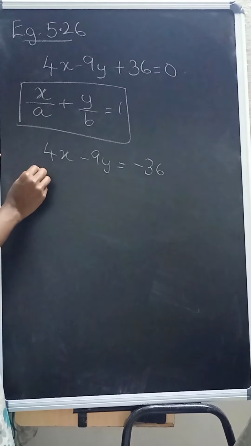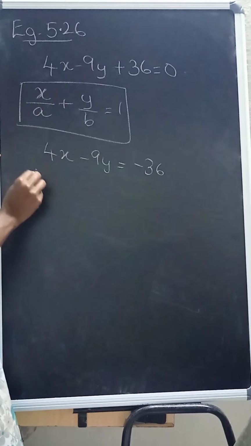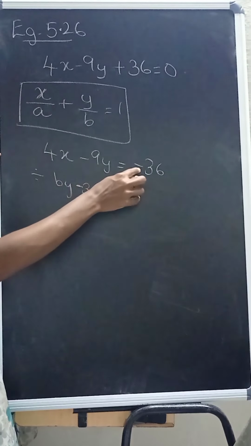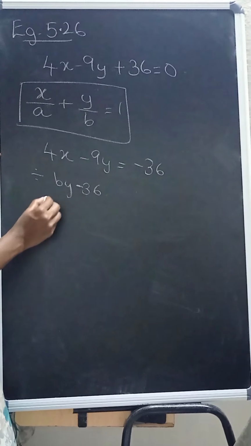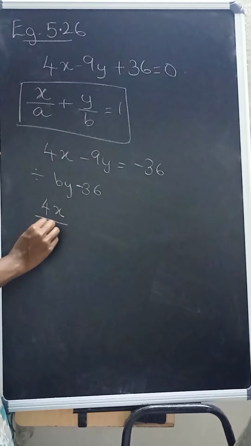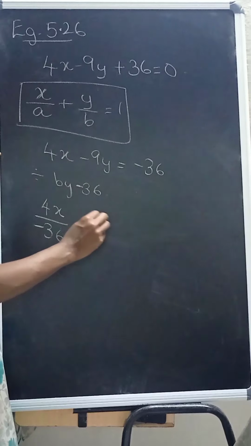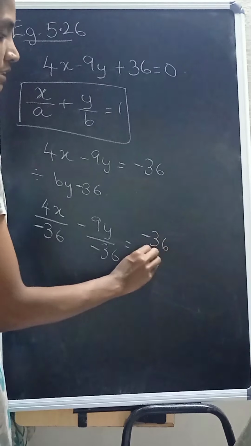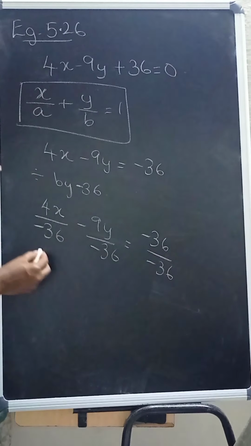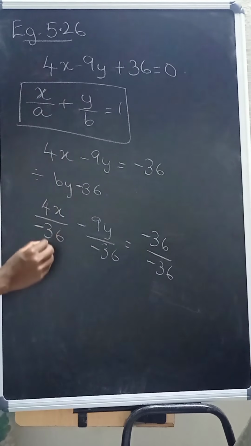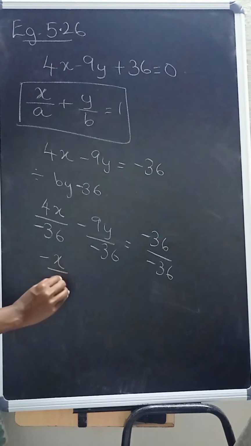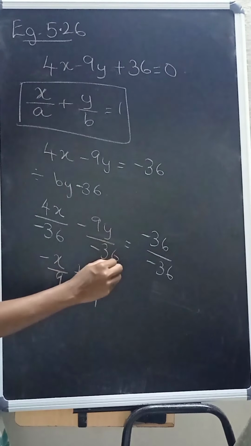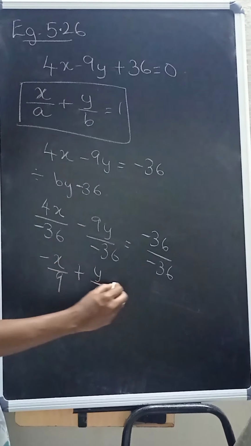Now divide the whole equation by minus 36. Because minus is here, I am putting minus 36 here. So 4x divided by minus 36 minus 9y divided by minus 36 is equal to minus 36 by minus 36. 4 nines are 36, so minus x by 9, plus y by 4, since 9 fours are 36 and minus minus is plus.